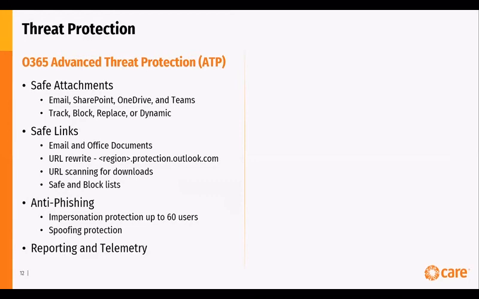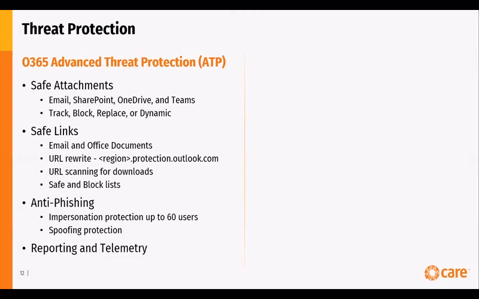It provides security against attachments. It doesn't matter whether an attachment is attached to an email or is a document lying on SharePoint or OneDrive or Teams. It gives us an option to track that, to block the unsafe attachments, to silently replace them. So there is a plethora of options available to us as IT administrators. All the links are wrapped inside protection.outlook.com, which is a Microsoft dedicated service.